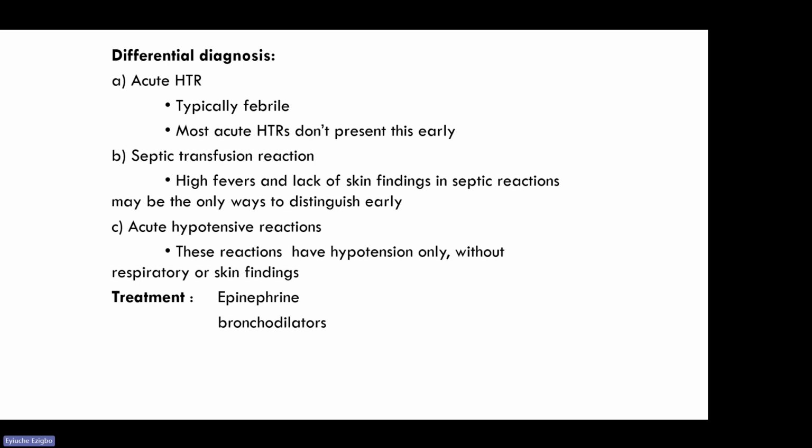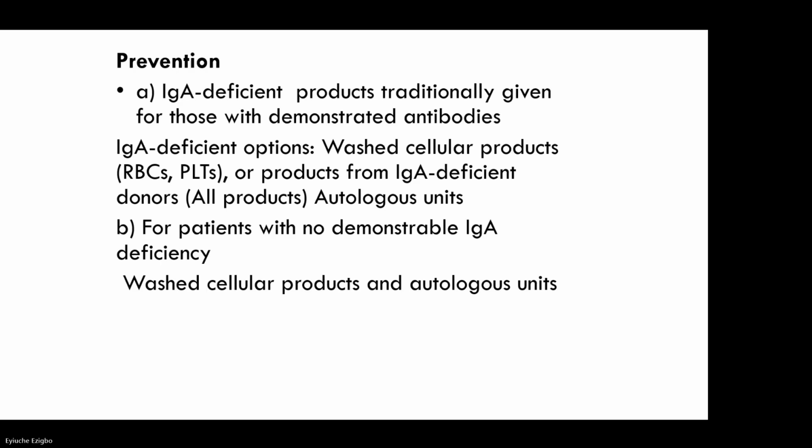Differential diagnosis: acute hemolytic transfusion reaction, typically febrile; most acute hemolytic transfusion reactions don't present this early. Septic transfusion reaction has high fever and lack of skin findings. Acute hypotensive reaction has hypotension only, without respiratory or skin findings. Prevention: IgA-deficient product is traditionally given to those with demonstrated antibodies.